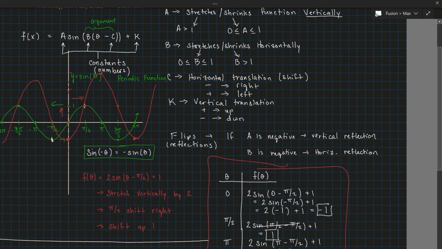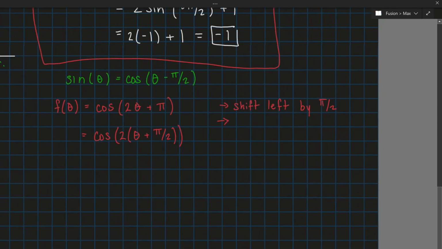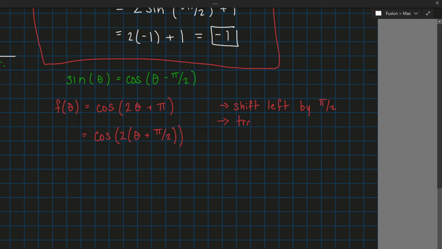Shrink it? How? By 2. Yeah, you're absolutely right. But vertically or horizontally? Horizontally. Good. Good job. Shrink by 2 horizontally. Okay, so we only have 2 transformations this time.